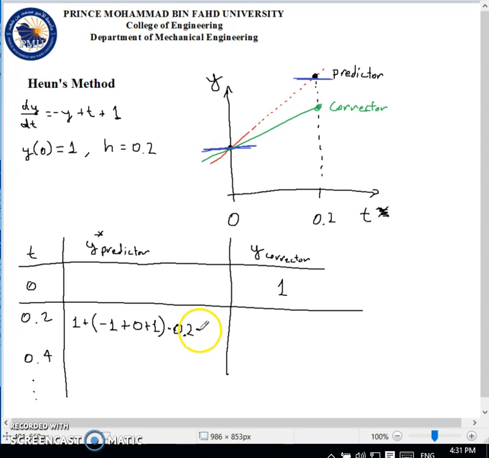Now, to find the corrector, we need, as we did with the Euler method, the previous point plus the average of the slopes at the previous point and the predictor, the next point, multiplied by the step. So this will give us the corrector.